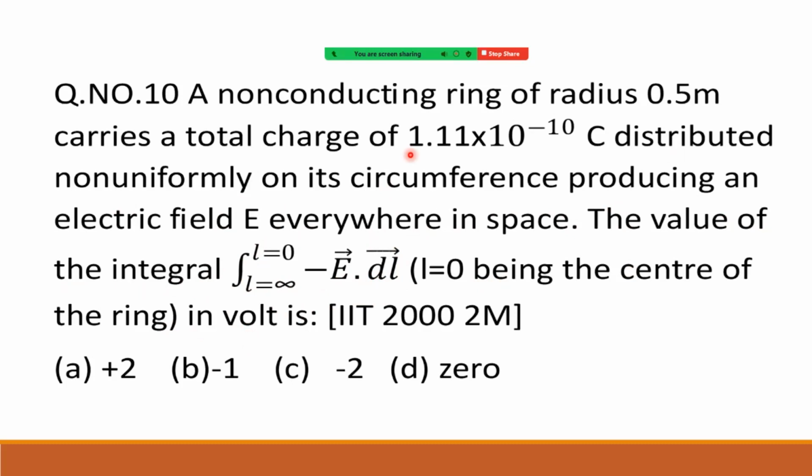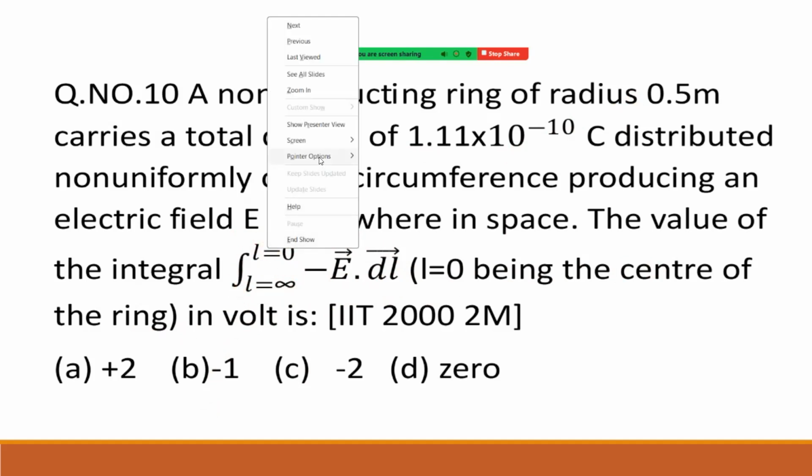Charge given 1.11 times 10 power minus 10. Our radius is 0.5. If you observe carefully, this is nothing but potential difference. I am repeating, this is nothing but potential difference: integration of minus E bar dot dl bar. Limits, see carefully from where to where. It is from infinity to 0, and 0 is the center of the ring.